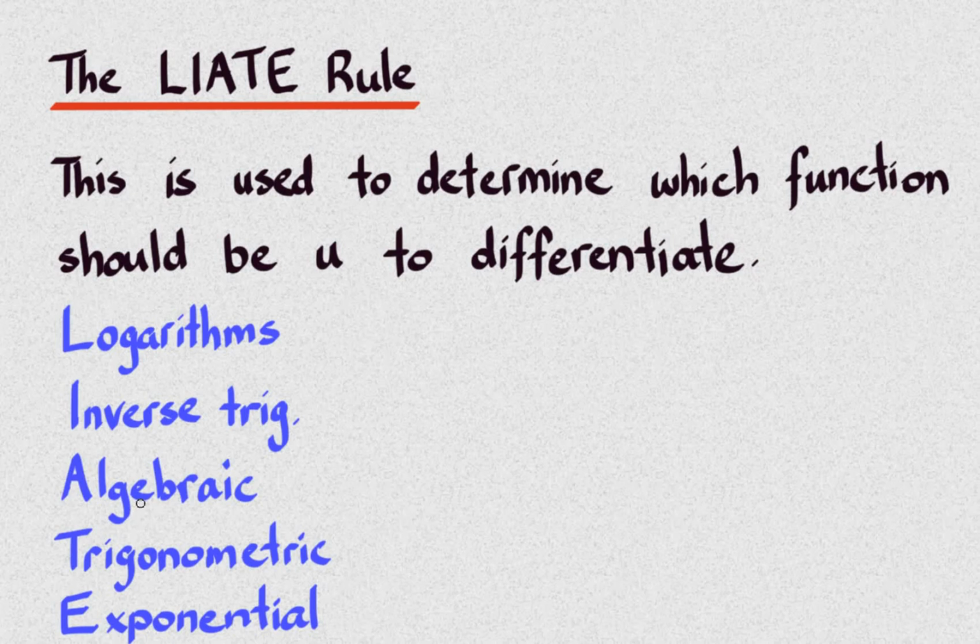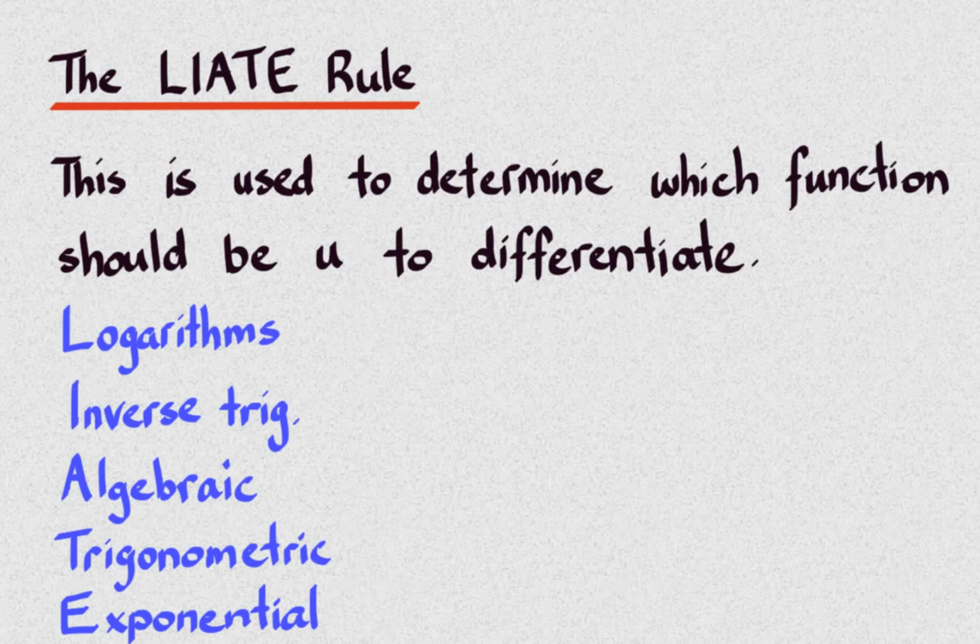So if you've got a quadratic and you integrate it, it'll go up to a cubic. So if you can set these guys to be the u function over trig or exponential, you can reduce their power as you differentiate them.